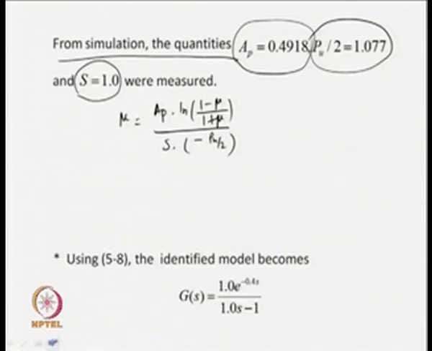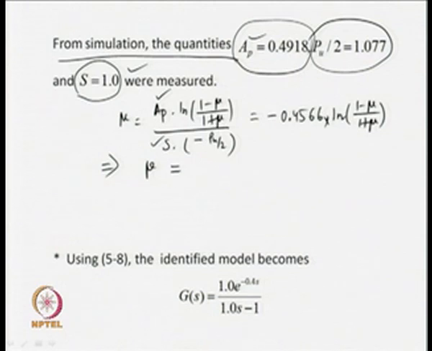So, that I have written over here. As I know Ap and S are already obtained from the measurement, this is equal to minus 0.4566 times ln of (1 minus mu) by (1 plus mu). So, when this nonlinear equation, mu equal to minus 0.4566 times ln of (1 minus mu) by (1 plus mu), is solved, the solution gives us mu equal to 0.4918.